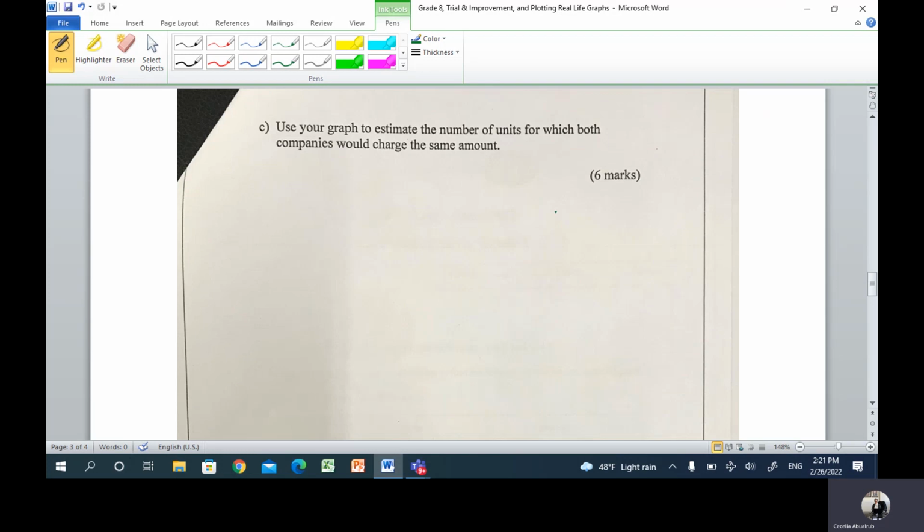Okay, so I showed you so far two ways to solve the last part of this question, which is using the graph to estimate the number of units for which both companies would charge the same amounts. In both companies, if you consume 900 units, you will be charged $48.